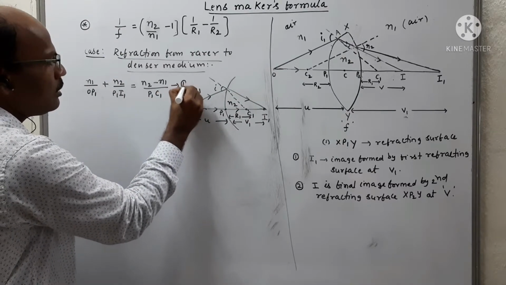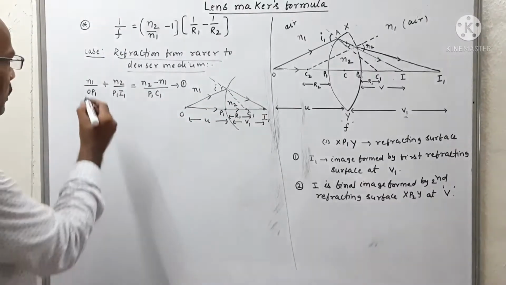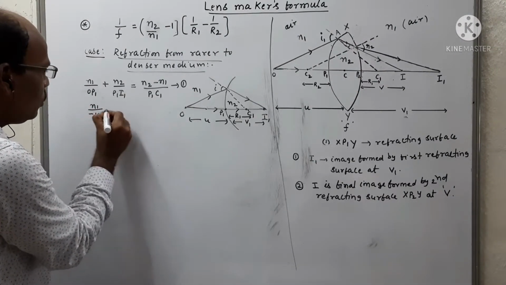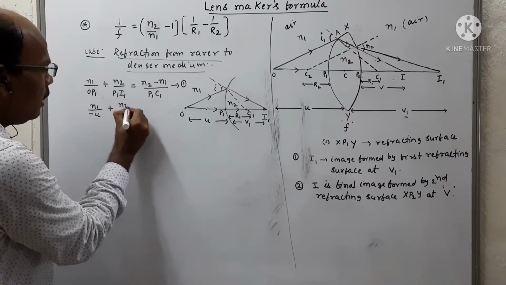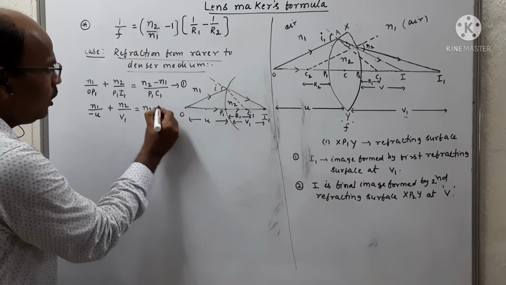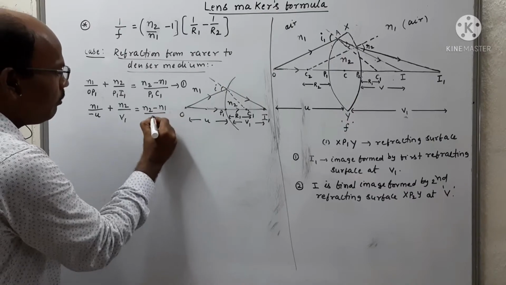So this is equation 1. It can be written as N1 by minus U plus N2 by V1 is equal to N2 minus N1 by R1.